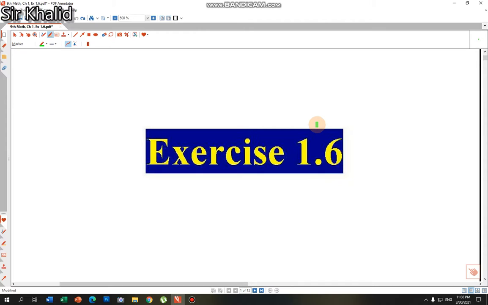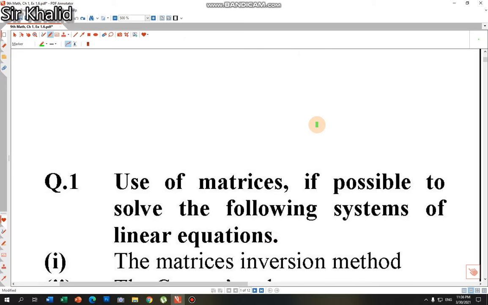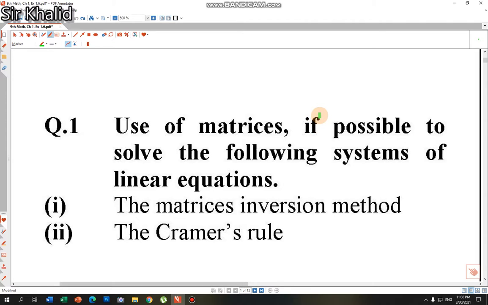We have already covered up till exercise 1.5. Today we'll start our next exercise, that is 1.6. Problem number 1, use matrices if possible to solve the following systems of linear equations.